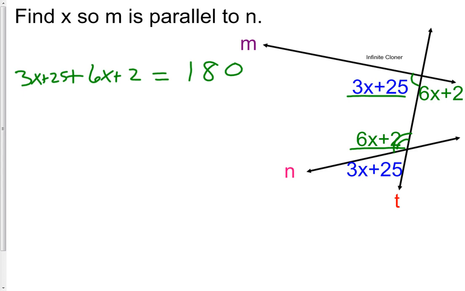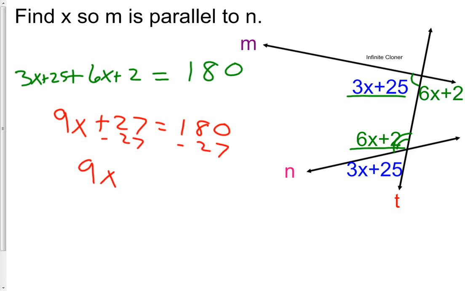Alright, let's solve. 3x plus 6x is 9x. 25 plus 2 is 27. That equals 180. Let's subtract 27 from both sides. So 180 minus 27 is 153. And then divide both sides by 9.